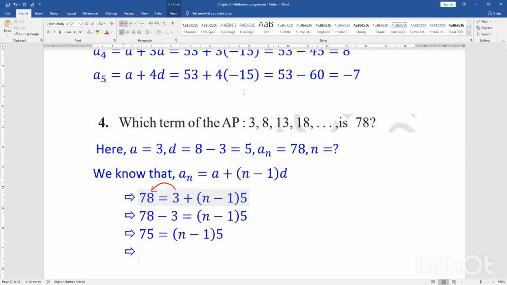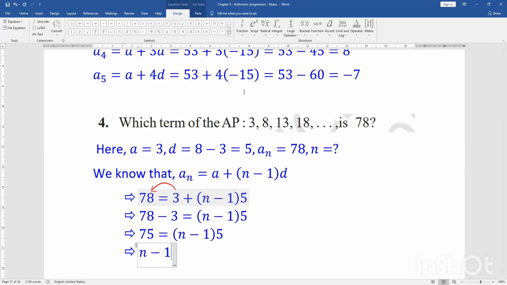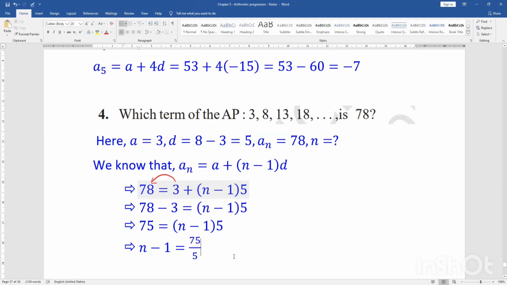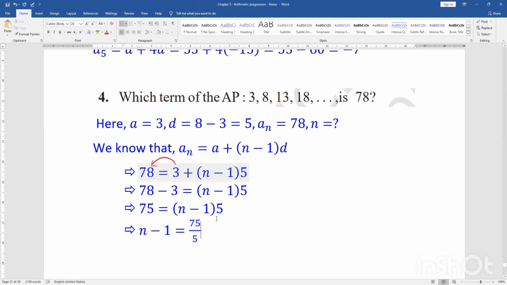Right, children? Now I can write it like this: n minus 1 equals 75 divided by 5. It's just an interchange of the terms; LHS comes to RHS and RHS comes to LHS. Let me show you one more step so that you can understand what we have done.